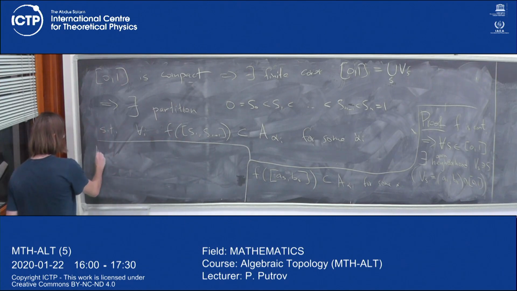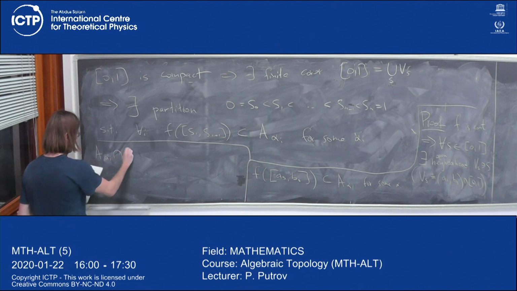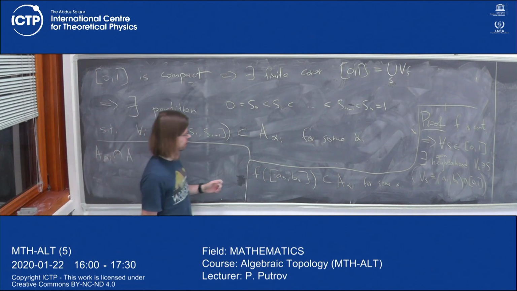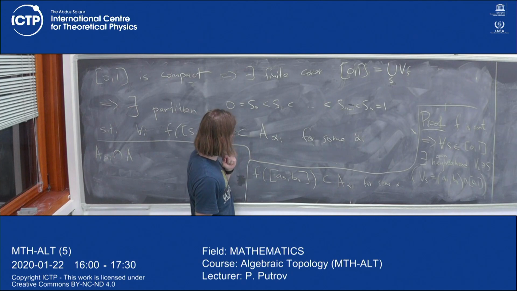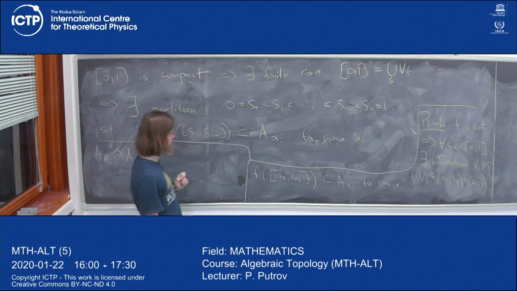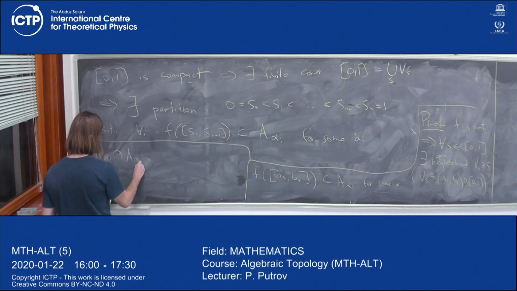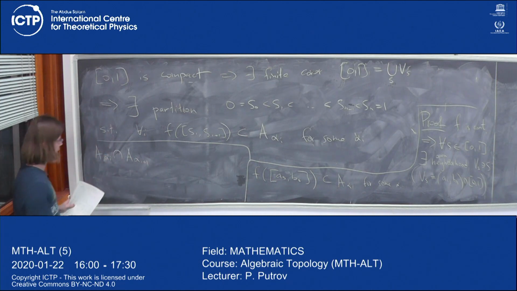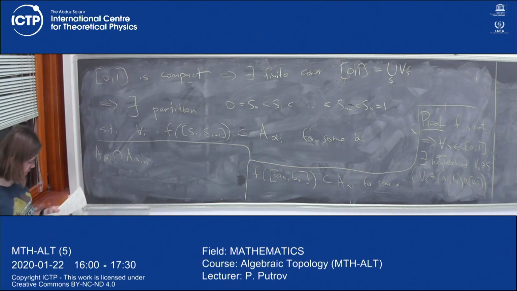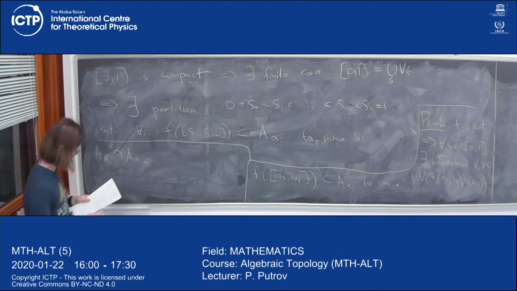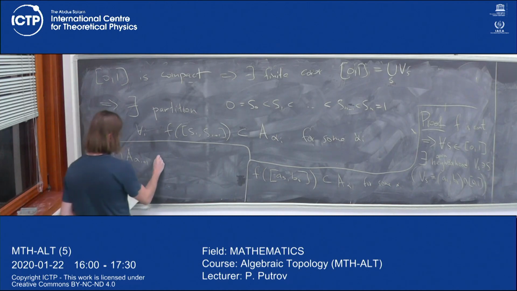In particular, we have this constraint that the intersection of any pair of these open sets in the cover is path connected. And in particular, the intersection of these two sets is path connected.